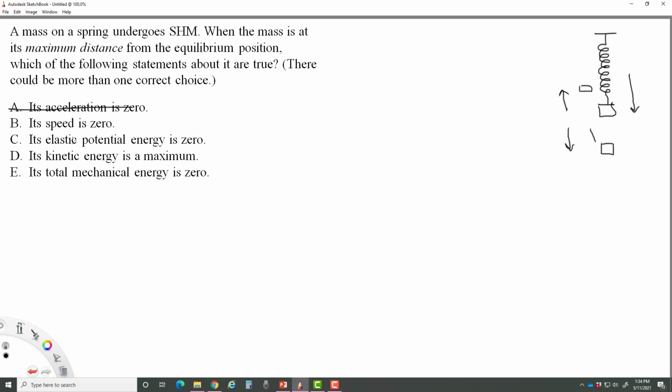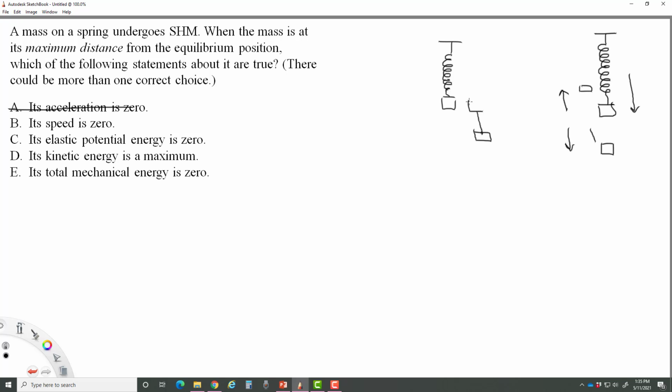Its speed is 0. So we saw in the lab, you might have seen the graph. Starting from the equilibrium, you displace it to some distance, and then it speeds up, speeds up, speeds up.